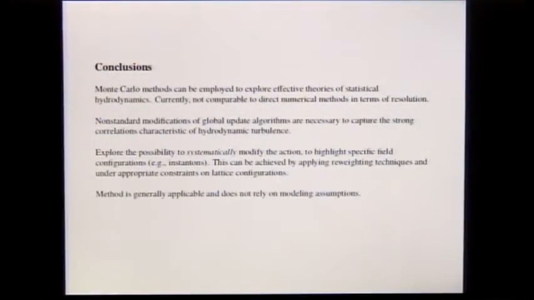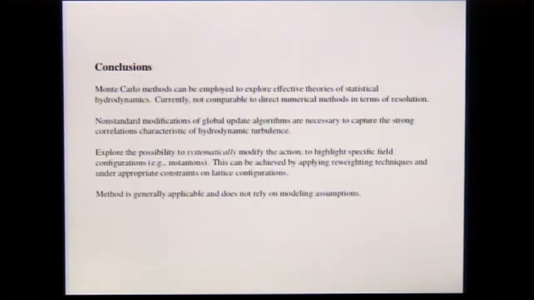So one thing I was mentioning earlier, Luca pointed it out, is that by choice of boundary conditions, we can really constrain the system and let the Monte Carlo take over and tell us which of those configurations are actually satisfying those constraints. Another principle that one can use is reweighing.